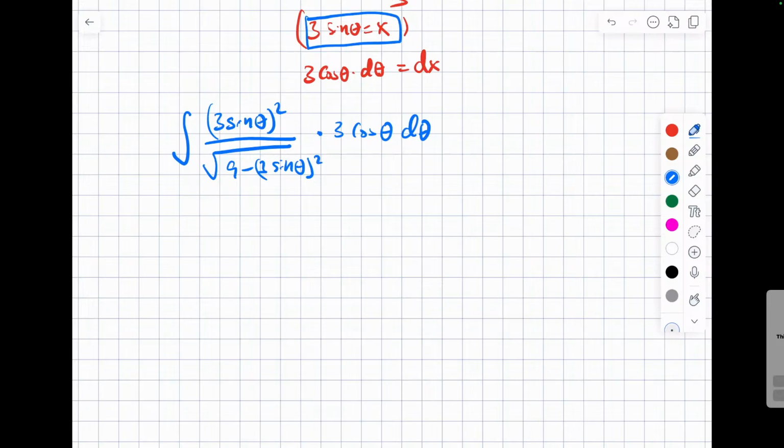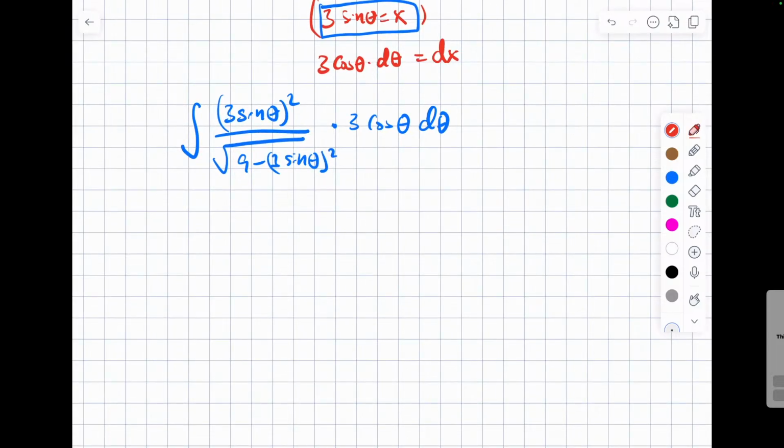Now, do you see the vision here? You got it? Because I can simplify this. This one's going to be 9 sine squared theta. And this one's going to be 9 minus 9, because 3 squared, times sine squared theta, times 3 cosine theta. Hopefully you guys see it.